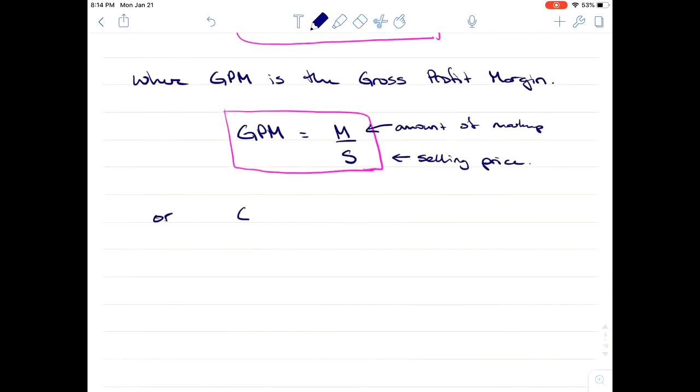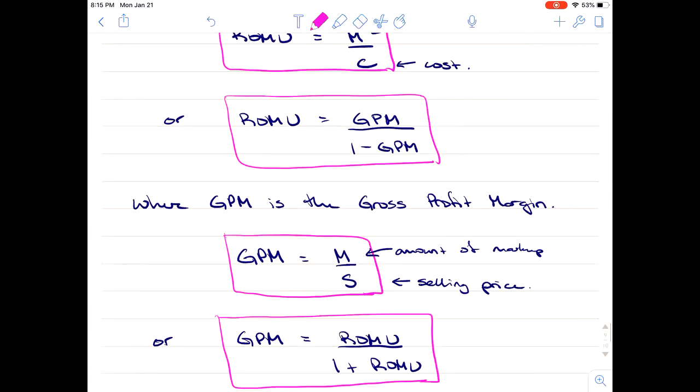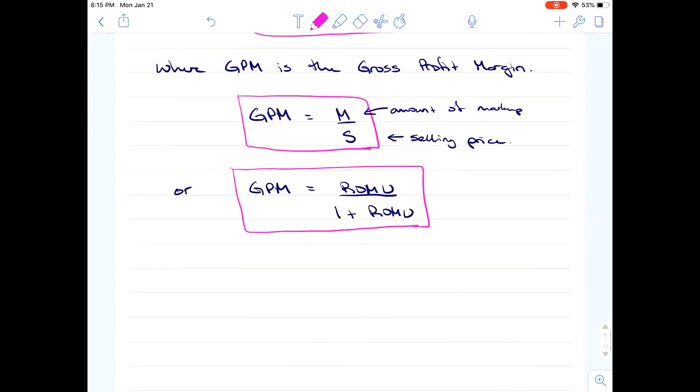Or again, the gross profit margin is the ROMU over 1 plus the ROMU. So they're definitely related. Looking at these formulas, they both have M's in there. It's just, did you divide by C or did you divide by S? Did you divide by the cost or did you divide by the selling price?